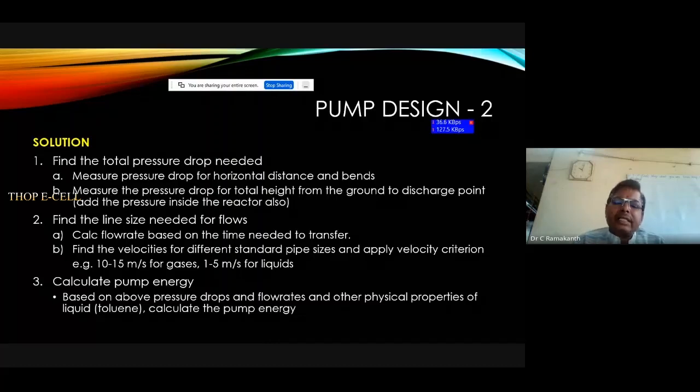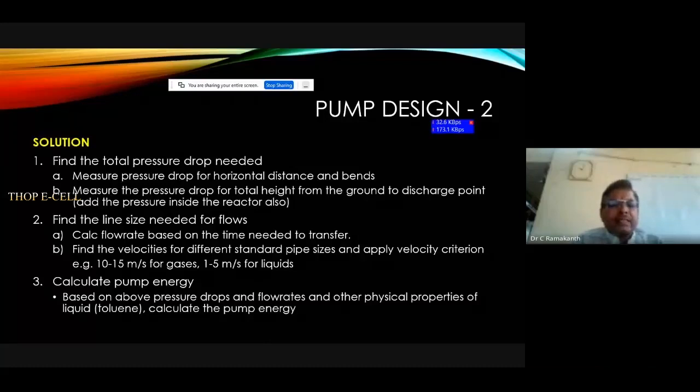And on the suction side, sometimes the suction side will be higher, and the diameter on the delivery side can be smaller, because of the flow rate considerations that we have.